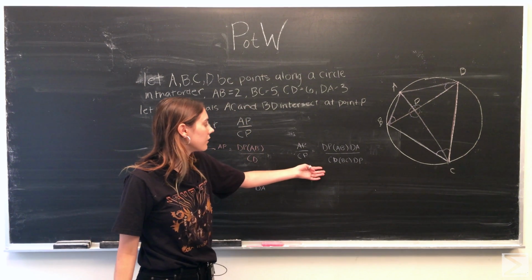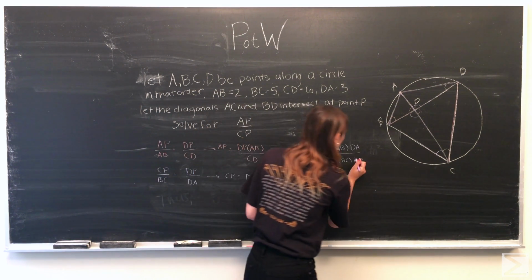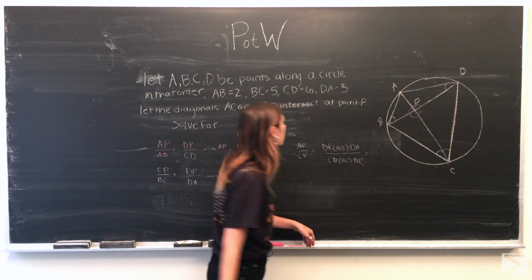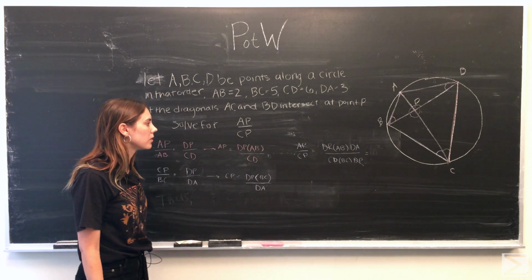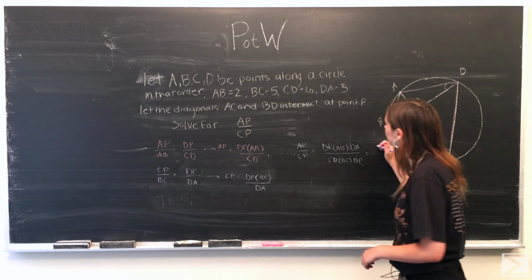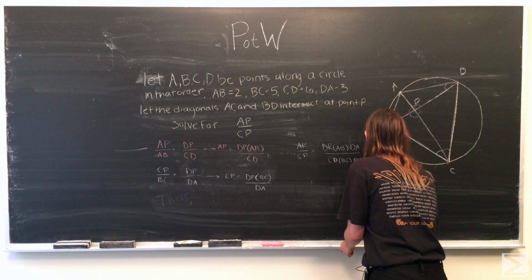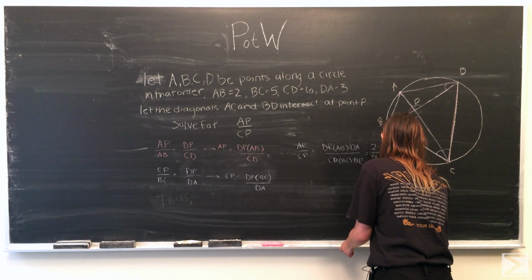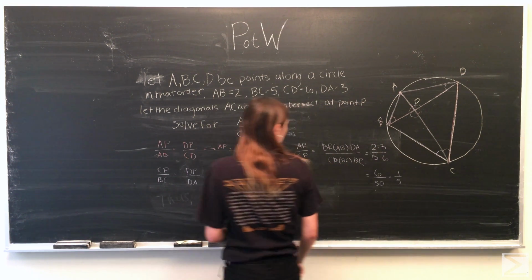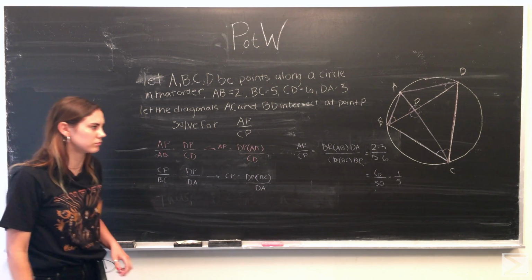So this is what we get, and you'll notice that the DPs will cancel out. And from the initials in the problem, we can solve with the numbers, and we get 6 over 30, which is equal to 1/5.